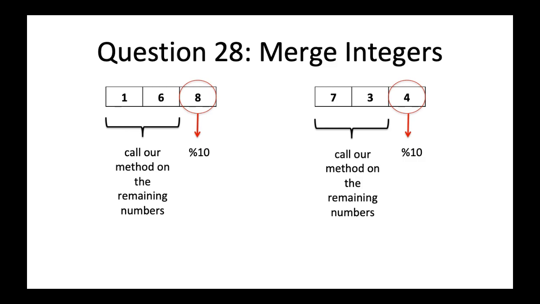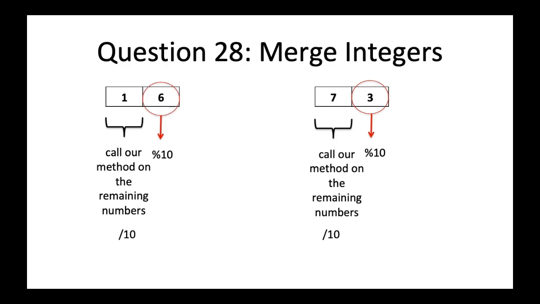The rightmost digit of each remaining two digits is then extracted using modulus 10, and the remaining digit is extracted using division by 10. This continues until no digits are left, or the remaining number is 0. This is what defines our anchor case, that we end up with 0 at the end.